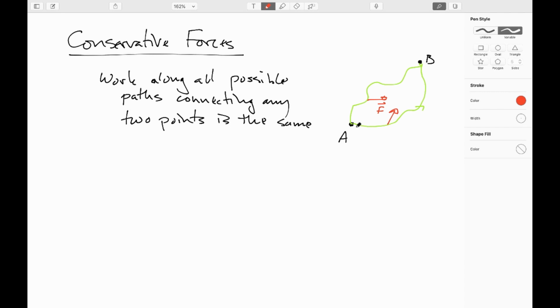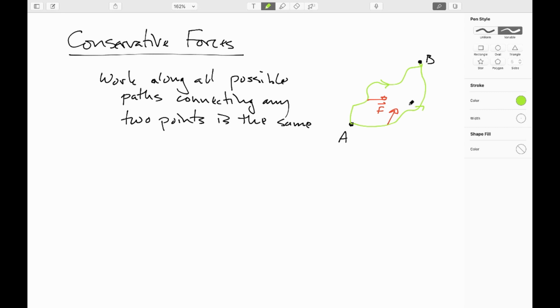And it isn't just for these two, it's for every conceivable path that could connect our points A and B. And then we have to also say, for all possible pairs of points A and B.